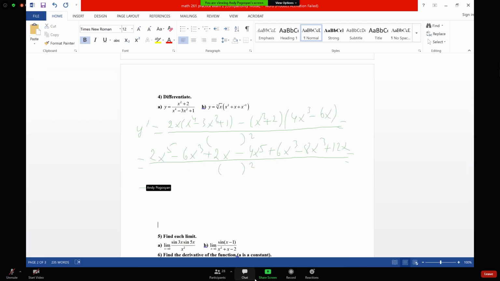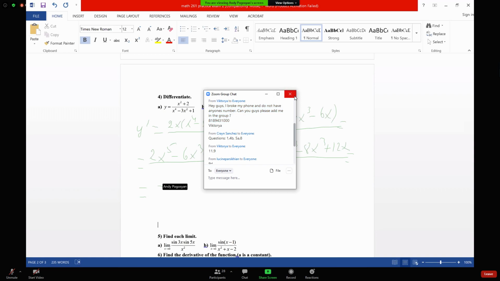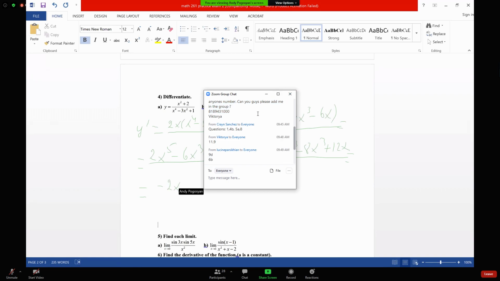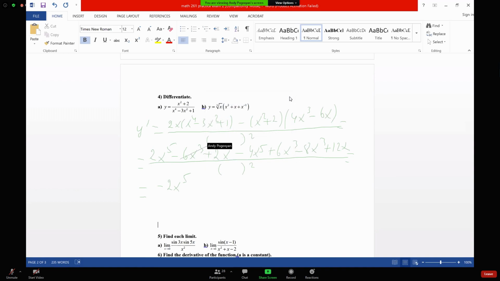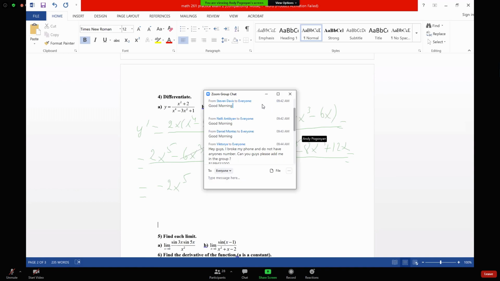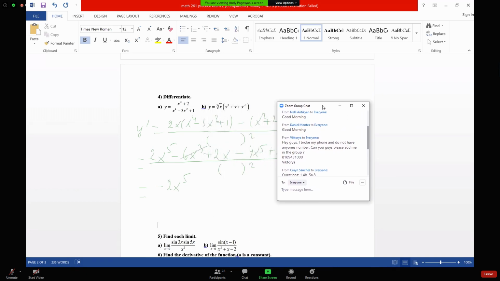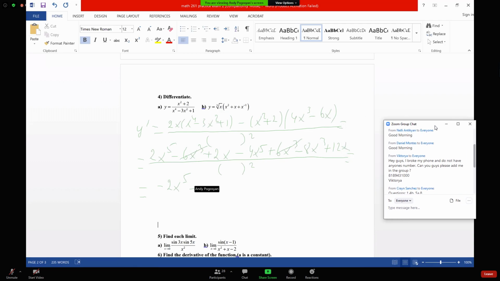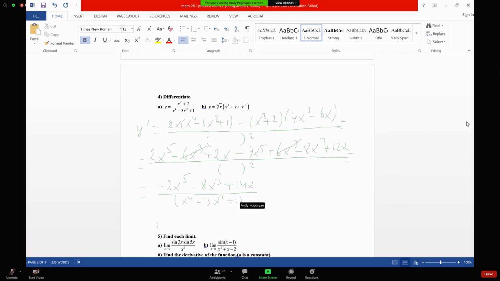So we have negative 2x to the 5, minus 8x cubed, and plus 14x over denominator squared. That's the first one.